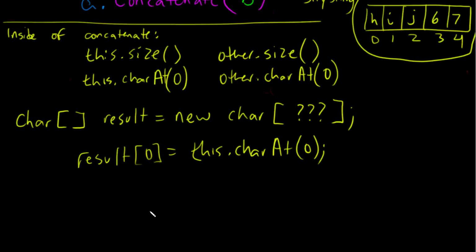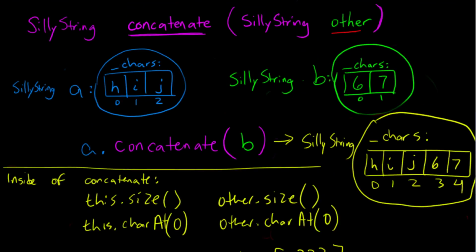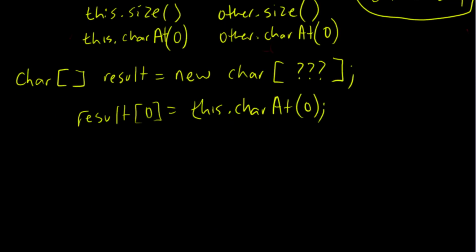But you can also write integer expressions here, and this is going to be important because the tricky part of this particular method comes: how do you assign index 0 of the B silly string, or other, to index 3 of the chars array? So you're going to have to come up with an integer expression that can take care of that for you. The hint that I'll give is, let's imagine that we had a variable set up like offset. And if we assigned offset to be, let's say, 2.